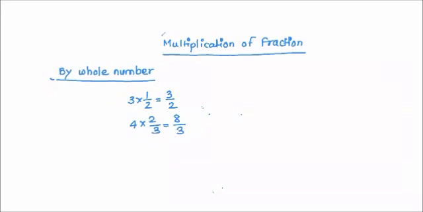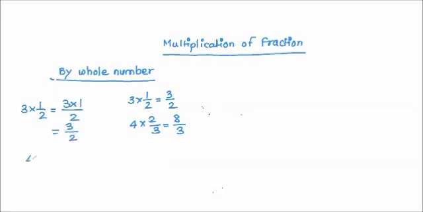Now if we observe the pattern here, we can see that 3 into 1 upon 2 means the whole number multiplies the numerator and the denominator stays same, which is equal to 3 into 1 is 3, 3 upon 2.